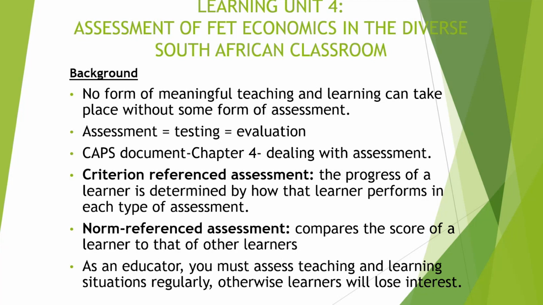So by the end of the second term, we will have 4 assessments, and for each assessment the learner will have a mark. That is called criterion reference assessment, because the criteria are different for every assessment that you've done.